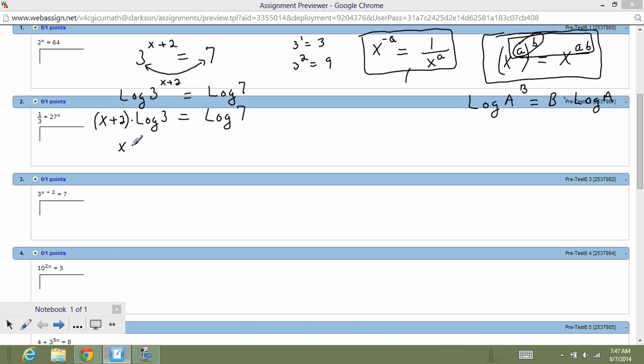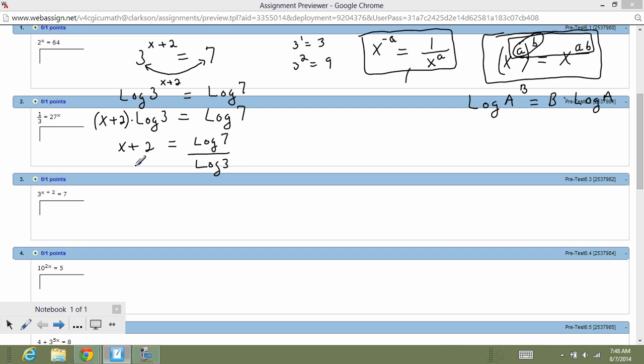Well, then x plus 2 is going to equal the log of 7 divided by the log of 3. That's multiplication. So all we did was divide both sides by the log of 3.